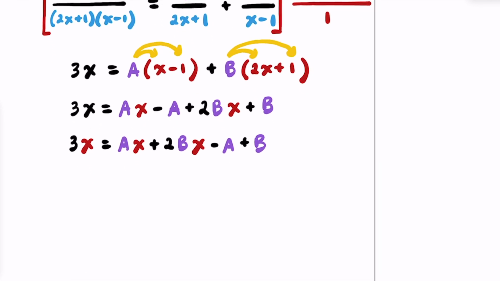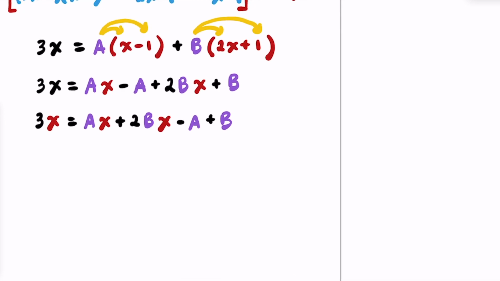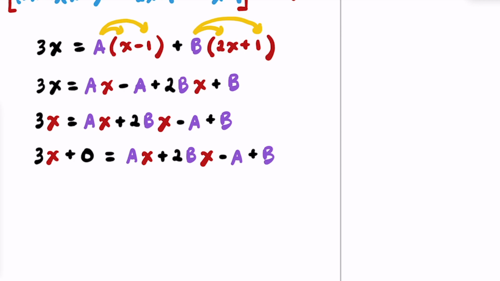Alright, at this point, I think it's going to be useful to go ahead and rewrite our equation so that everything can kind of match and line up. So what I mean by that is on the left side, I'm going to go ahead and actually write this as 3x and then plus 0. So I know it seems kind of silly to write that on the left side, but you'll see what I mean in just a moment. So that's going to be the left side, and the right side here is going to be the same.